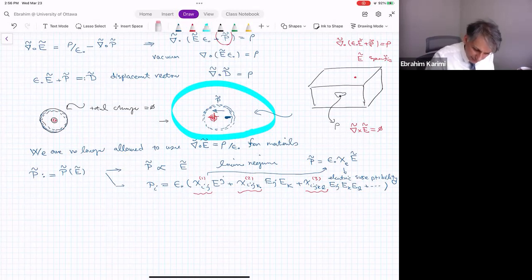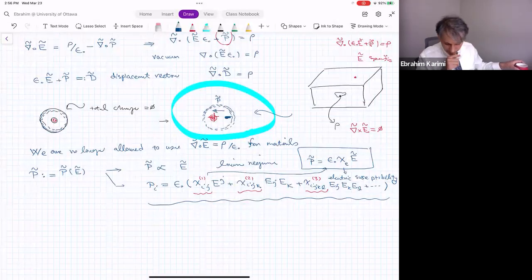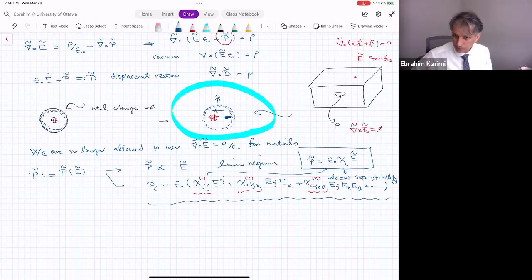So now let's come back to this equation. By the way, I can go and talk about this expression, but I would prefer to talk about what we have for the general case. Is that fine? Good. Okay.